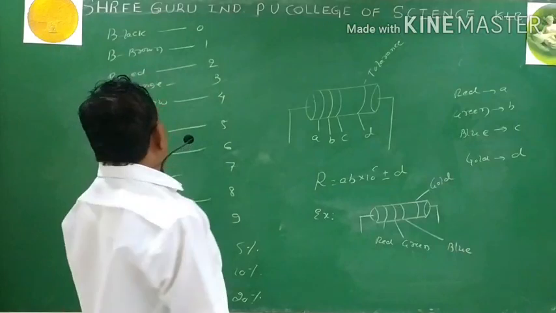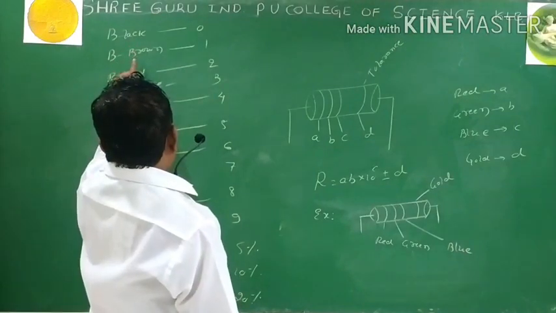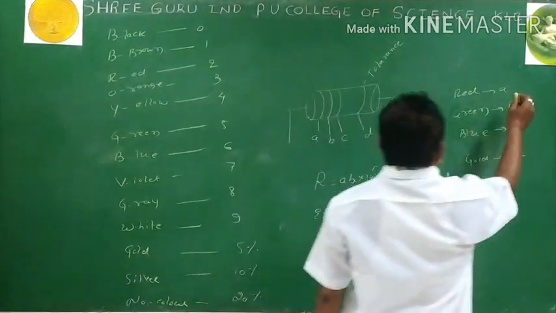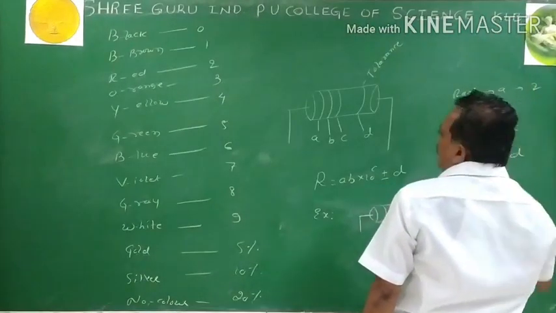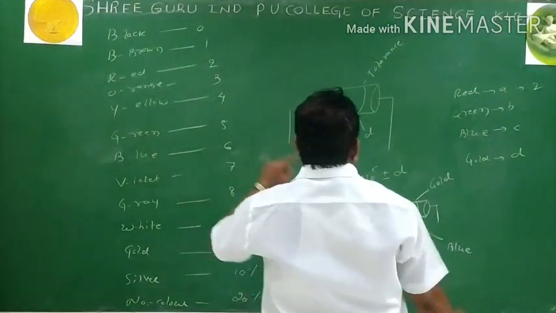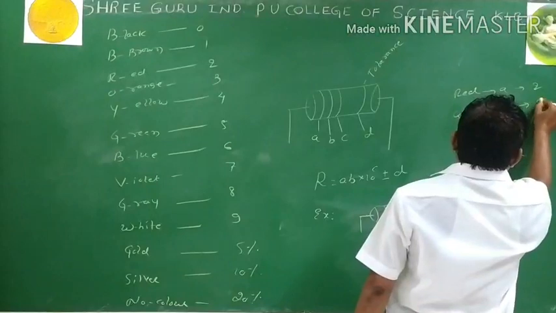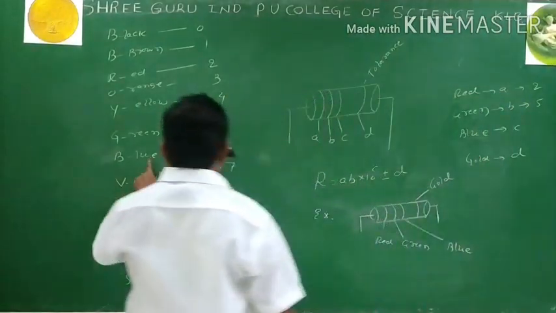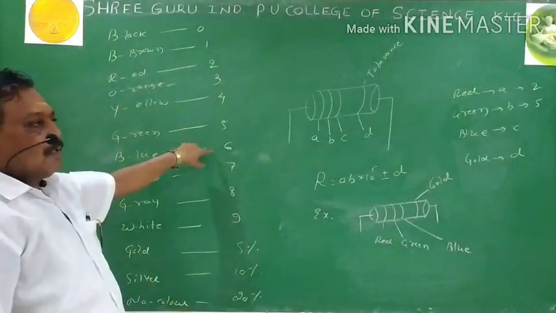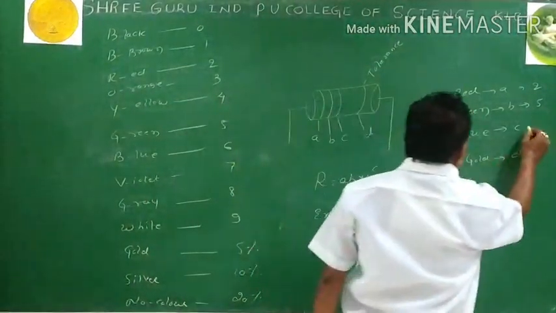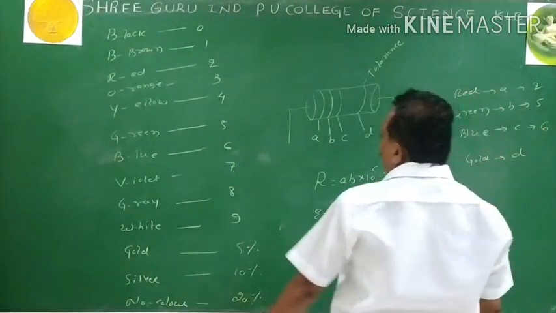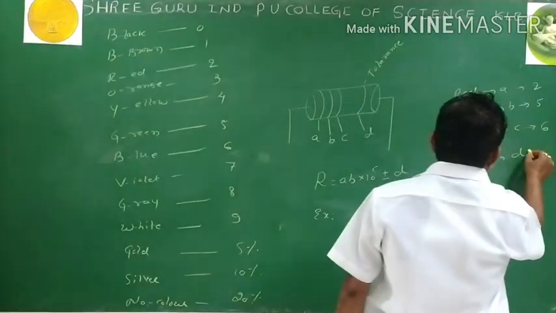So what is the value for red? Black 0, brown 1, red 2. Now this is 2. Then what is the value for green? 5. What is the value for blue? Are you seeing the chart? That is 6. What is the value for gold? That is nothing but 5%.